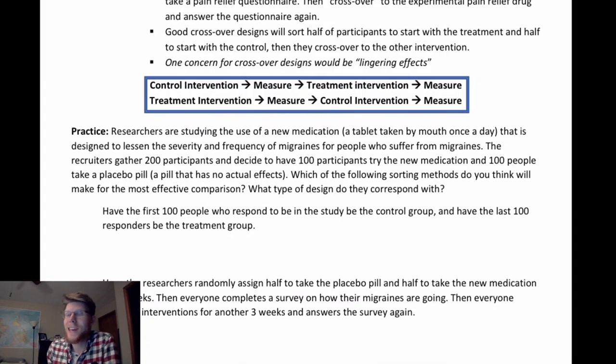Because the people who sign up first might be systematically different than the people who sign up second. That would be non-randomly sorting, because that is not an unbiased sorting method. So that's going to be a possible issue. Maybe we'll be lucky and maybe they are equivalent groups.